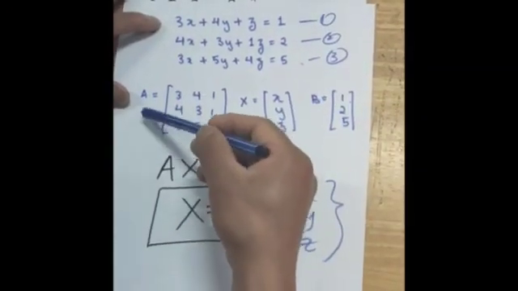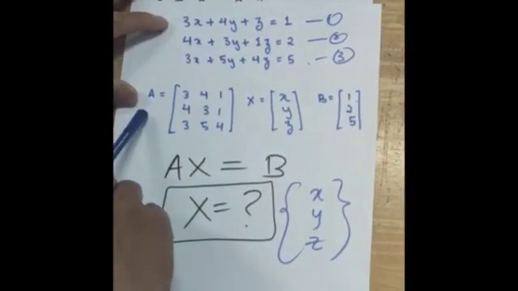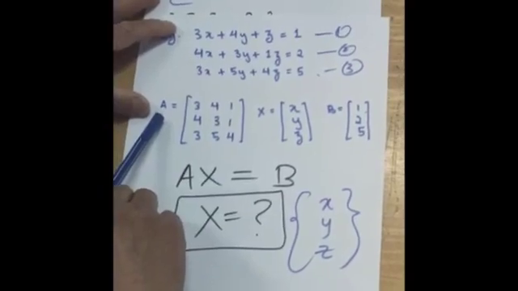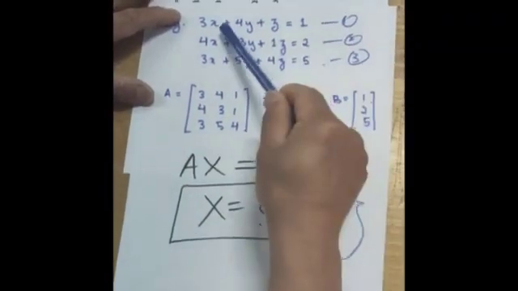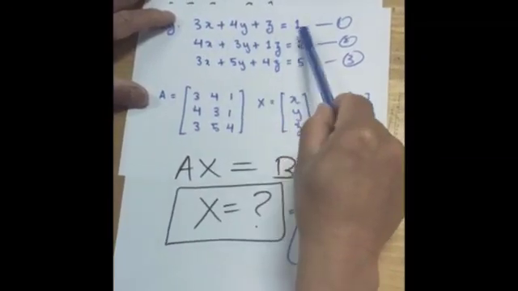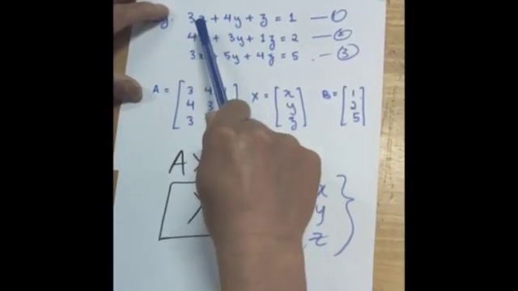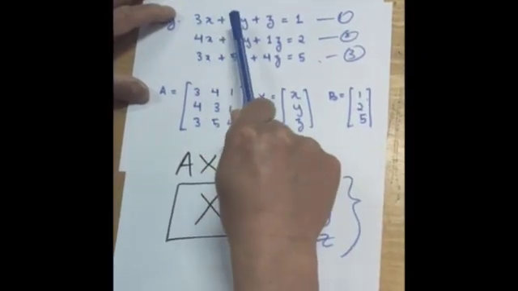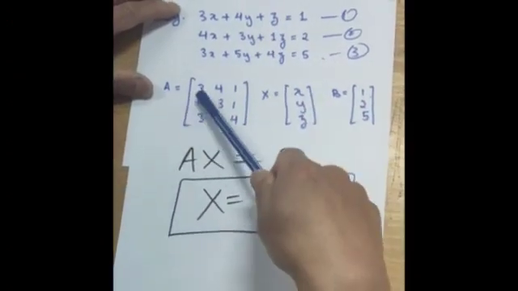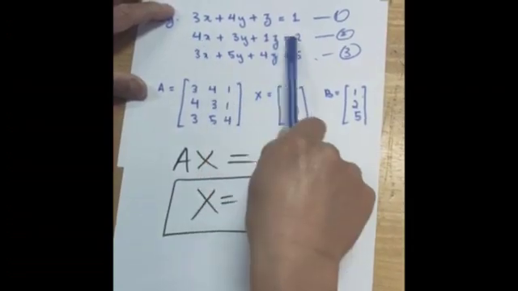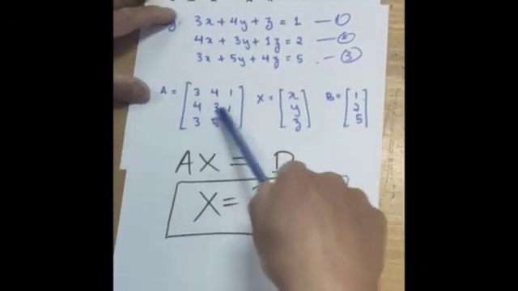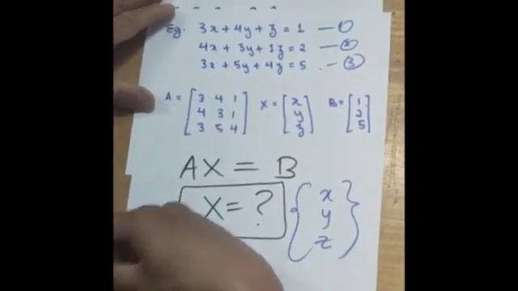The first matrix is our coefficient matrix A. To get it, we just take the coefficients of the linear equations. For example, in the first equation we have 3, 4 and 1, so we put that in our matrix A. Similarly, you repeat for the remaining two linear equations and put them in the matrix A.